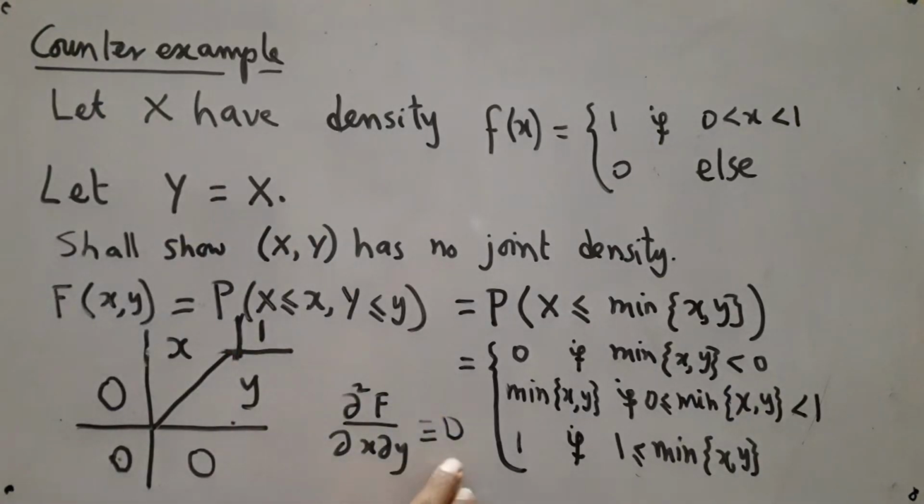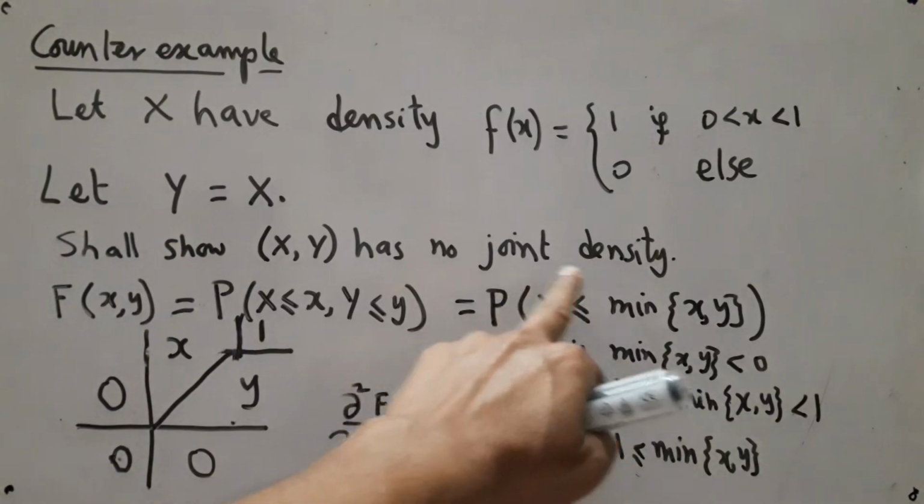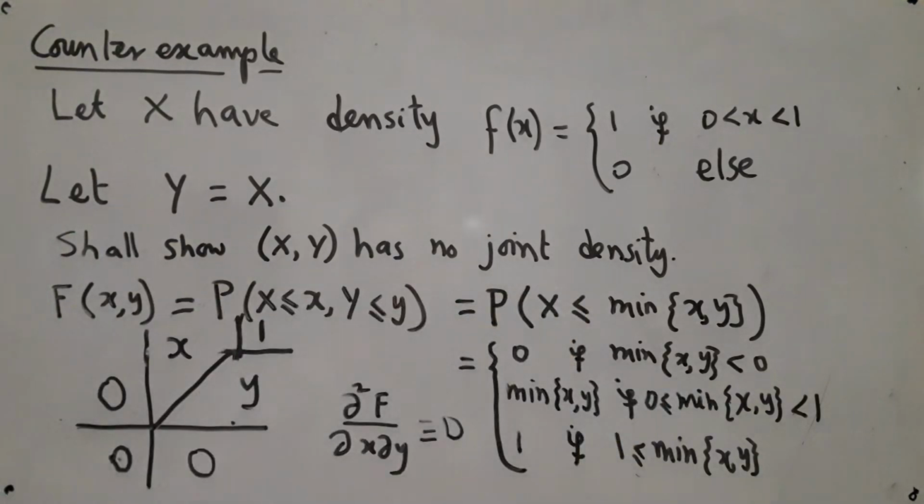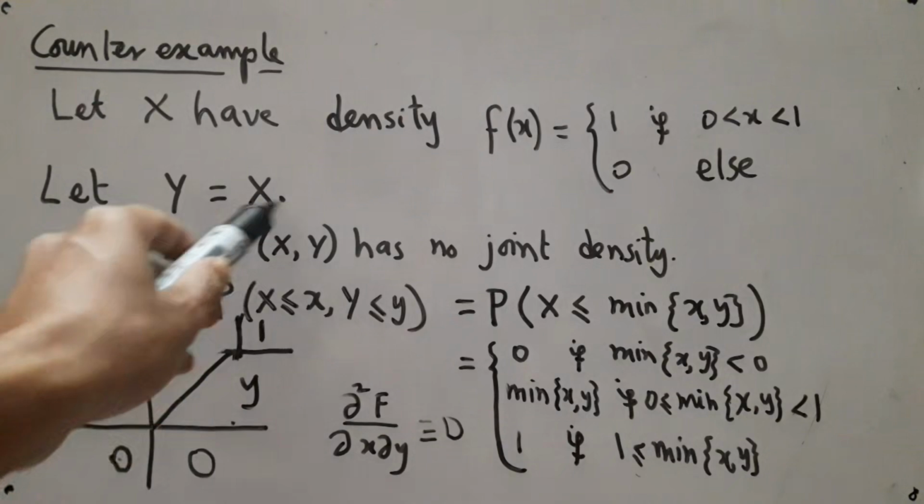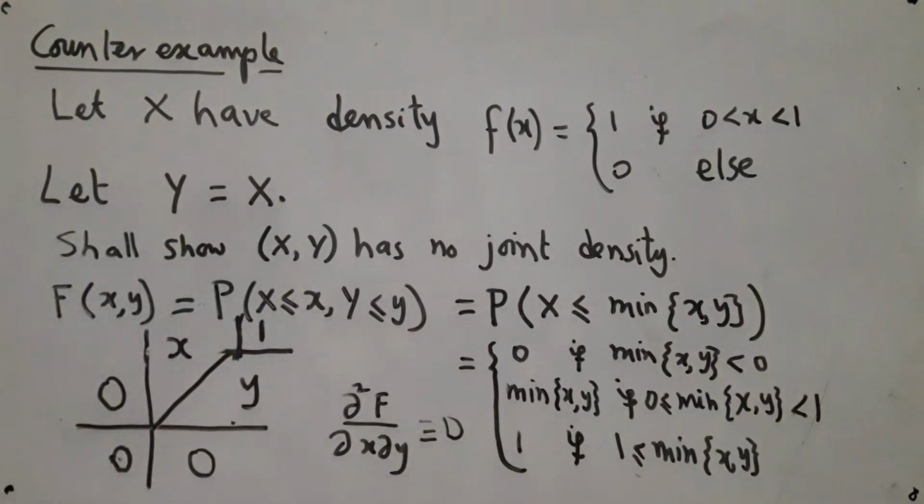The function identically equal to 0 of course cannot be a joint density, because the total volume under the surface must be equal to 1. So we see that this cannot be a joint density, and we know that if this is not a joint density, then no other function can be a joint density. Hence we have shown that xy, the pair, has no joint density.